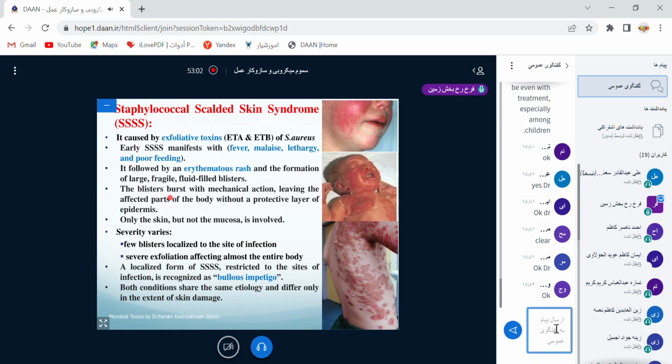The blisters burst with mechanical action, leaving the affected parts of the body without the protective layer of epidermis.